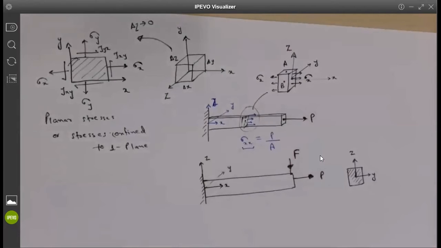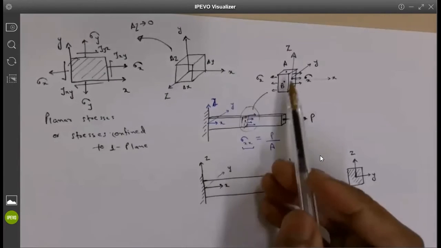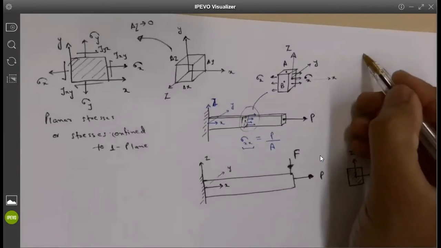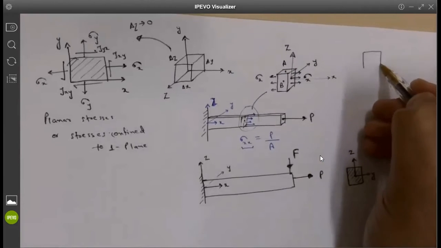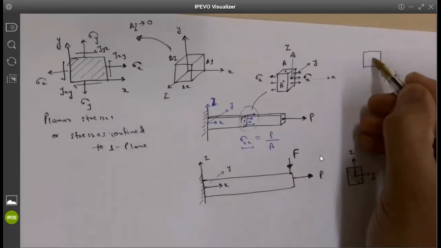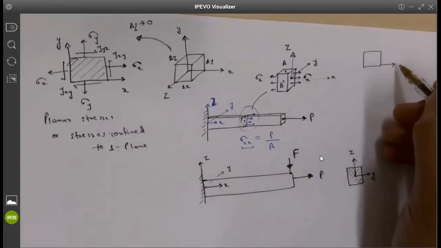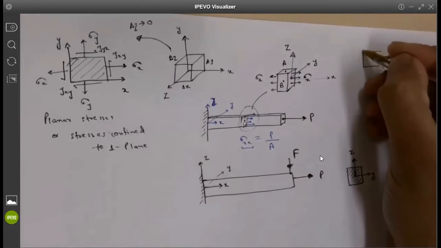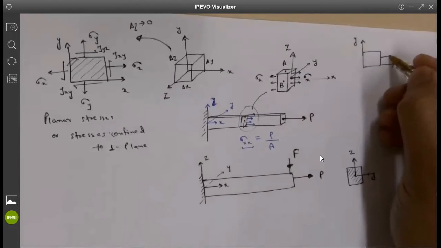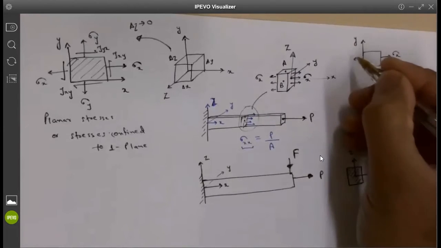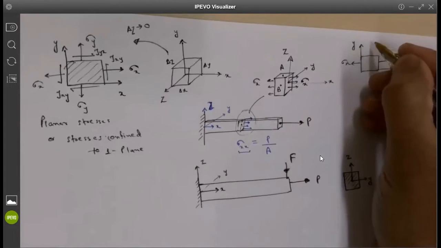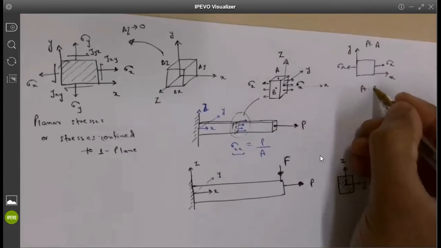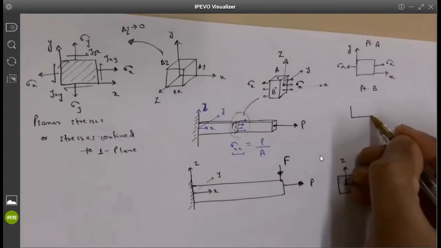what planes are you going to consider while representing the stresses? So when you look from the top, from point A, you will basically see the plane like this. For point B, the plane would look like this.